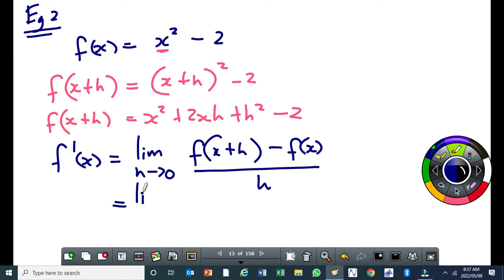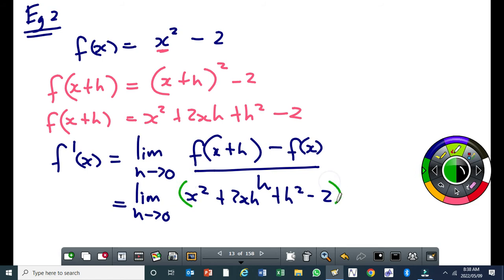So this becomes the limit as h tends to 0 of, now I'm going to substitute that expression. That will be x squared plus 2xh plus h squared minus 2. That's f of x plus h only. Now it's better to put that in brackets, obviously, because the second expression is a binomial.